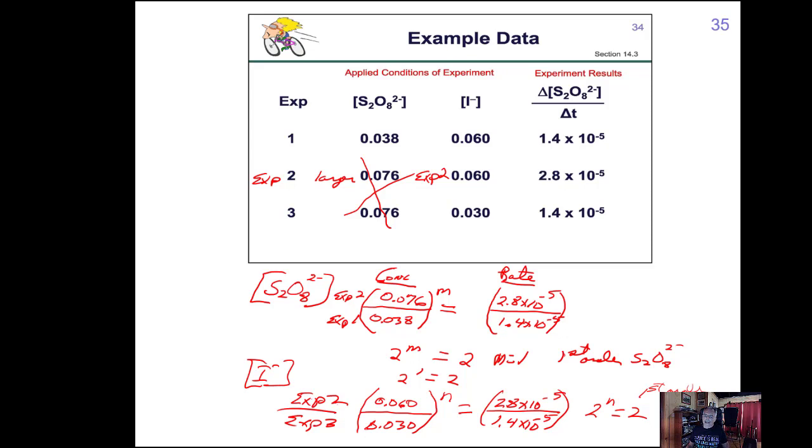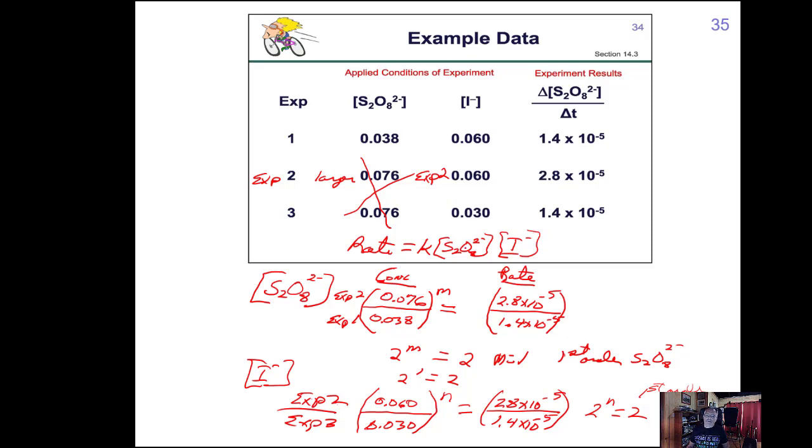Since both reactants are first order, we would have rate is equal to k times the peroxydisulfate ion to the first order, which we don't need to write up there because we understand that it's 1. And then iodide would also be first order.